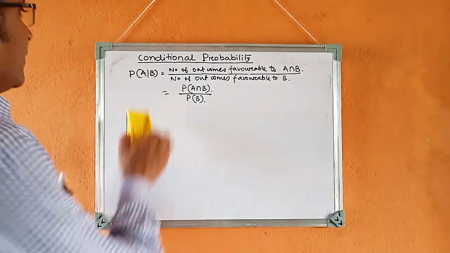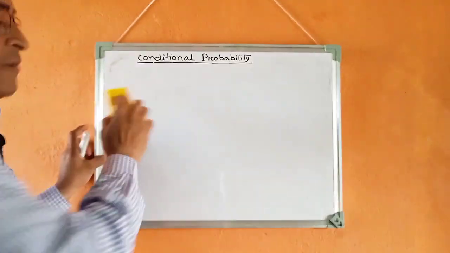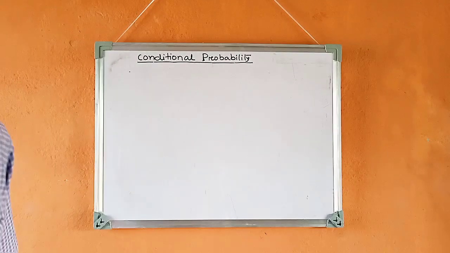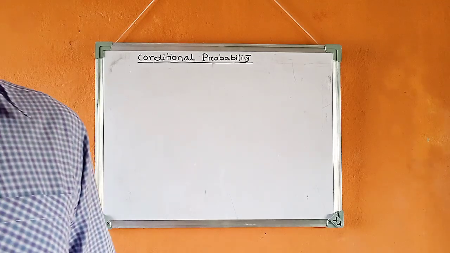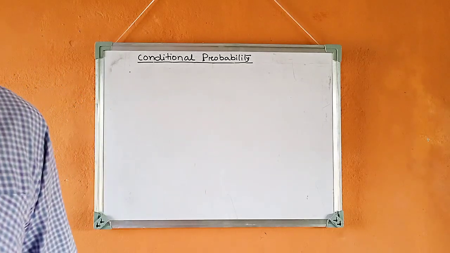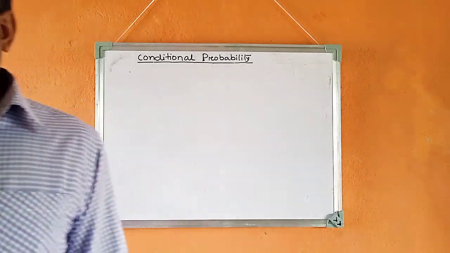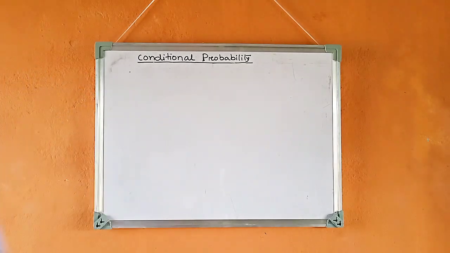First example. Question number 1: 10% of the bulbs produced in a factory are red color, and 2% are red and defective.